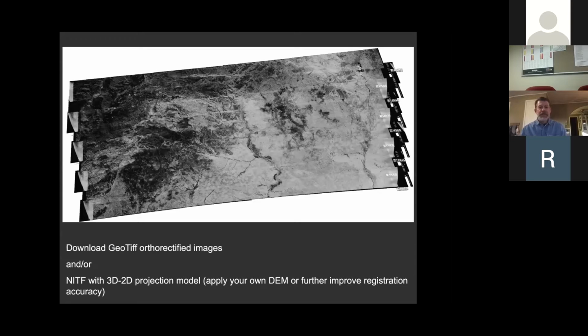So the advantage of downloading that version from the Atlas is that you can apply your own DEM or improve the registration process in an application like QGIS or ArcGIS or ENVI or whatever application you might have. And besides QGIS, there are a couple of other open source tools to do that.